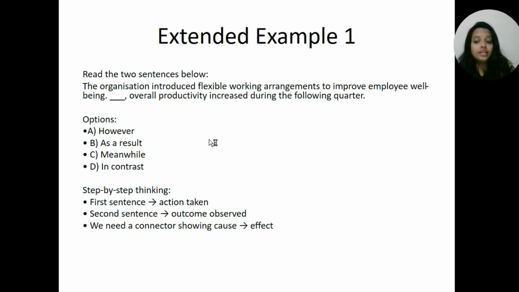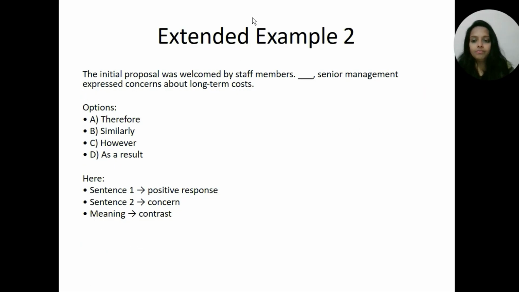And the second sentence is about the outcome. So overall productivity increased. So we need a connector showing cause and effect, right? So what would be the right answer here? Of course, all are connectors, but the appropriate connector is as a result. That's the correct option.